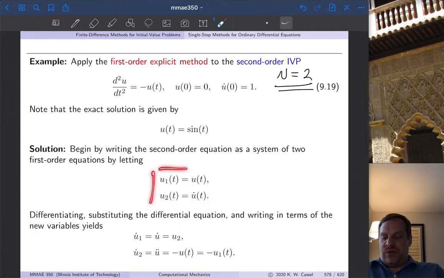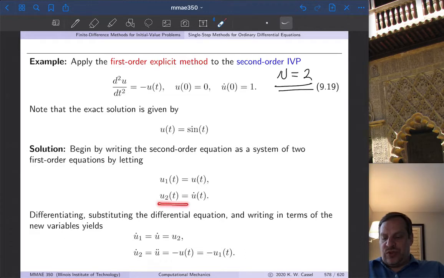Then we take our transformation and differentiate the first equation. So u1 is u, so u1 dot is u dot, but u dot is just u2. So u1 dot is equal to u2. Again, we get rid of the old variable, because we want everything written in terms of the new variables, u1 and u2.